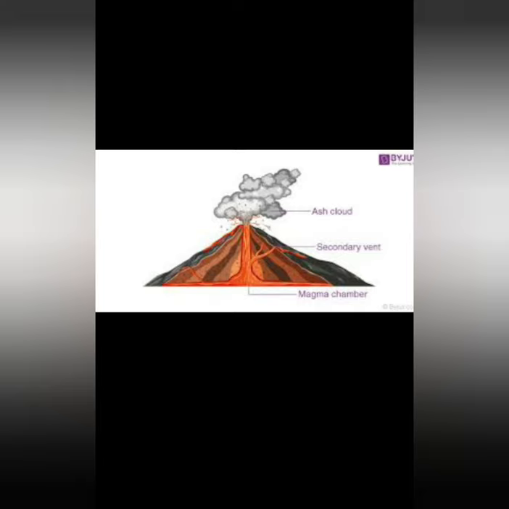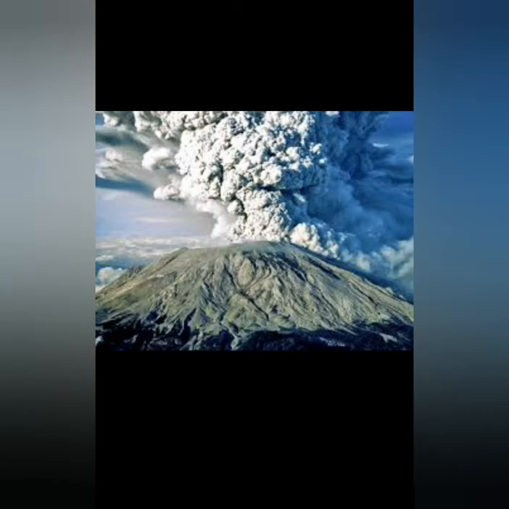Active volcanoes are those which constantly eject volcanic lava, gases, and fragmented material. Example, Mount Everest in United States. Dormant or sleeping volcano: a volcano that does not show any sign of volcanic activity for a long period of time is known as a dormant volcano.